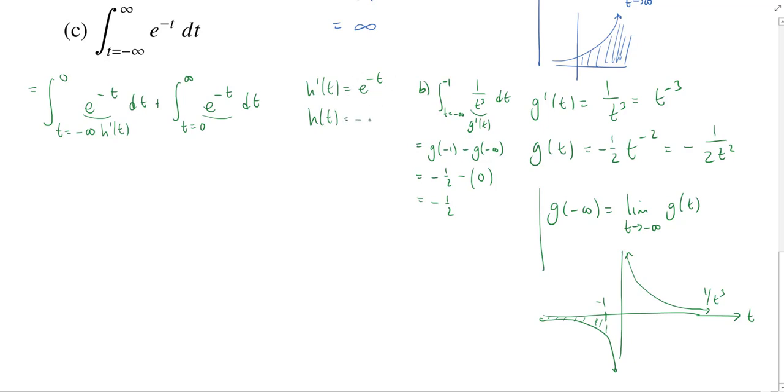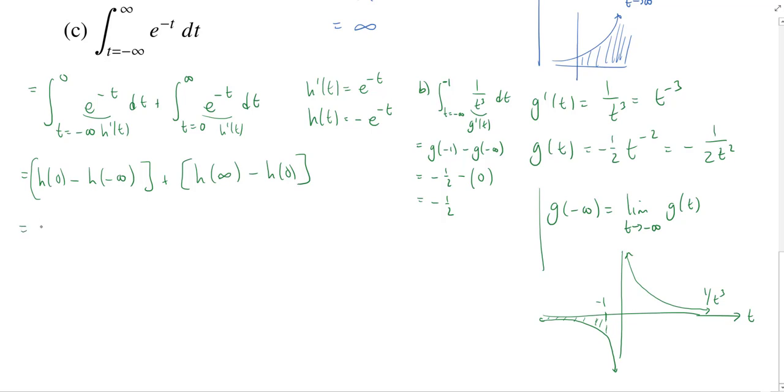That'll be -e to the -t. Of course, the same thing is going to hold over here, it's the exact same h, or h prime. All right, so this first one is going to be h of 0 minus h of -infinity. Okay, that's the first piece. The second one is going to be h of infinity minus h of 0.